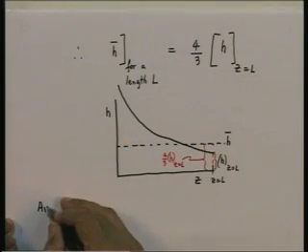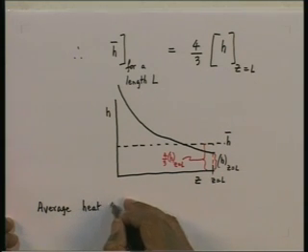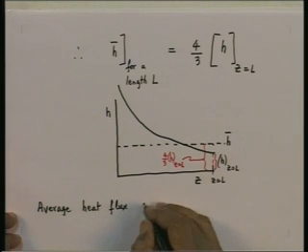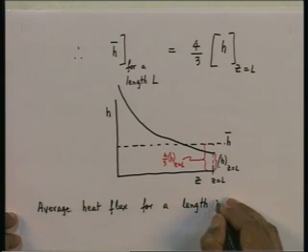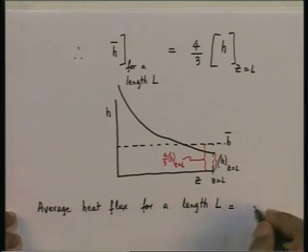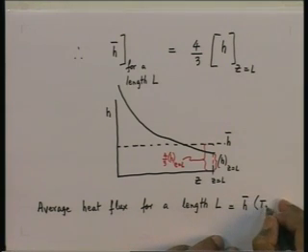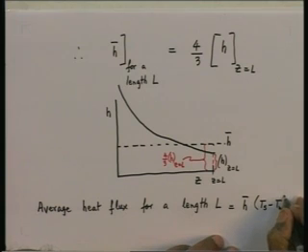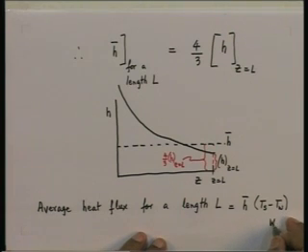If I ask you, for instance, what is the average heat flux for a plate of length L, you can readily tell me: it will be equal to h bar, the average heat transfer coefficient, which is in watts per meter squared Kelvin, multiplied by the temperature difference T s minus T w. So, this would be the average heat flux for a plate of length L, so many watts per meter squared.